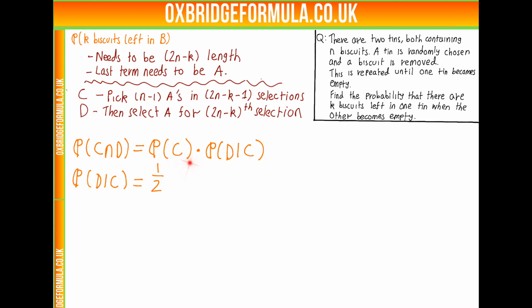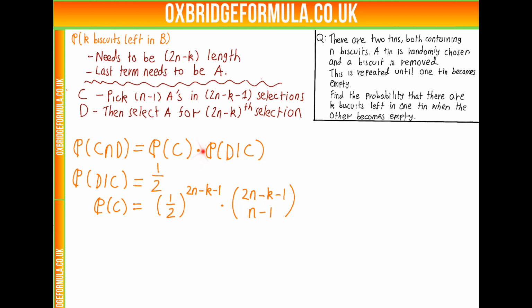Now, probability of C. How could we work out this? Well, C should probably make you think of someone you've seen before, and that is, it's a lot like a binomial, right? We've basically got 2n minus k minus 1 trials, and we need n minus 1 successes, i.e. exactly n minus 1 times we pick A. So we know the probability of C is this, because the probability we pick A is a half, so p is a half and 1 minus p is a half.